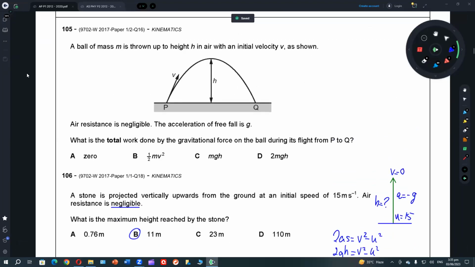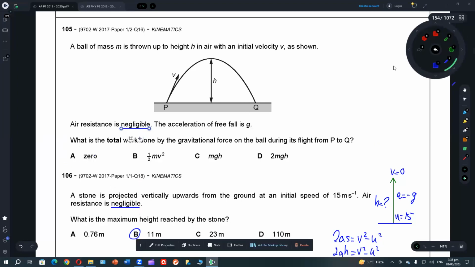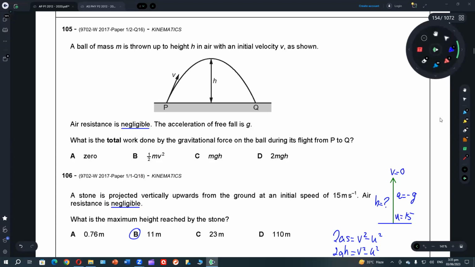A ball of mass m is thrown up to height h in air with an initial velocity v. Air resistance is negligible. What is the total work done by the gravitational force on the ball during its flight from P to Q?